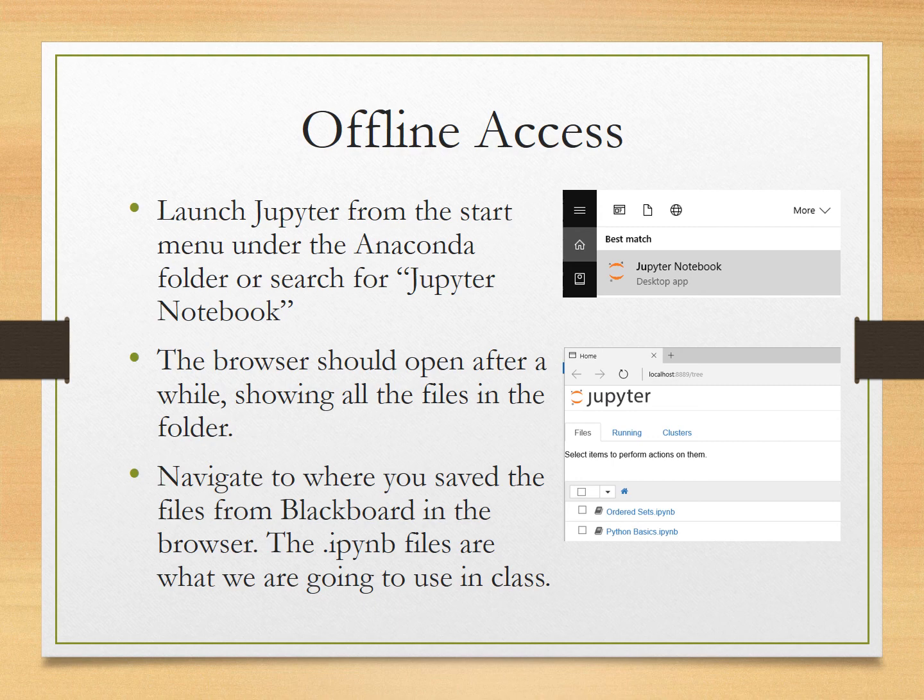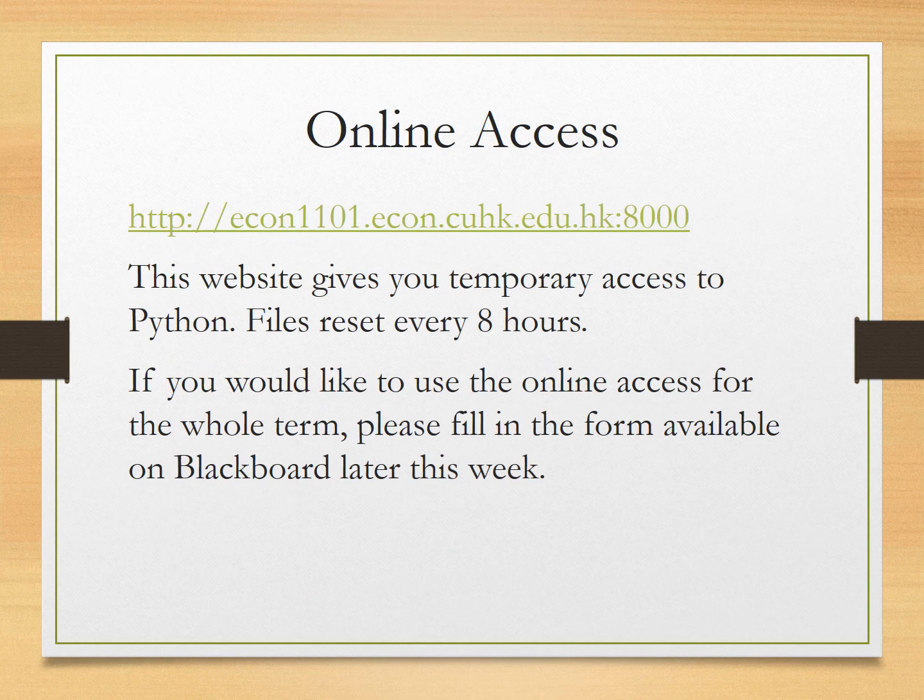So that's offline access. What if you don't want the offline access, or if the offline access is too slow? Well, you can use the online access provided by this course. You can access it at econ1101.econ.cuhk.edu.hk:8000.